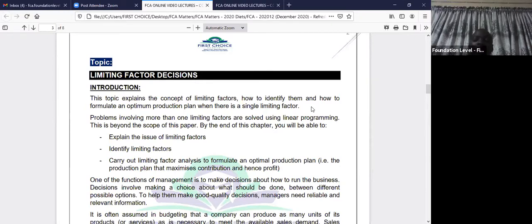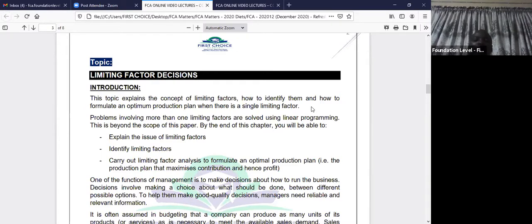At your stage, you're going to be getting perhaps two, three, or four products, all having to use maybe one material or the same type of labor, or maybe pass through the same kind of machine. And that would be the singular limiting factor.